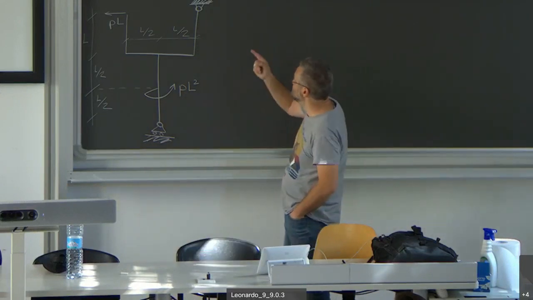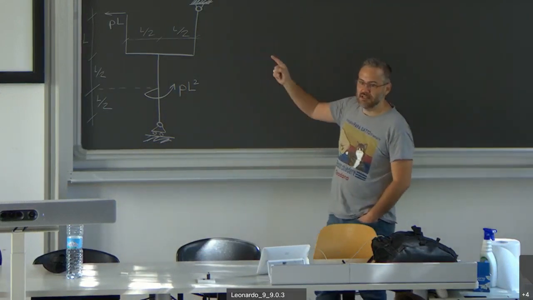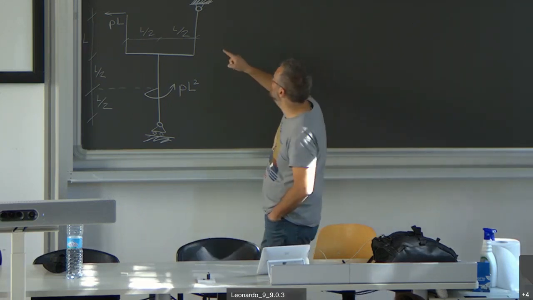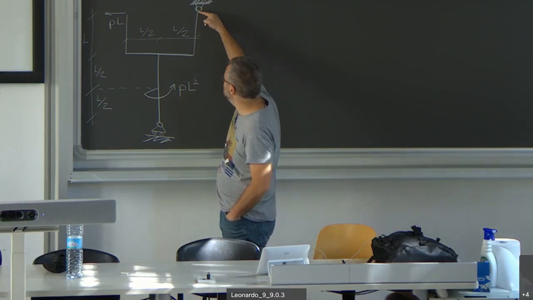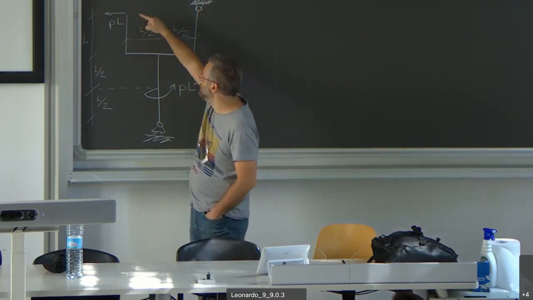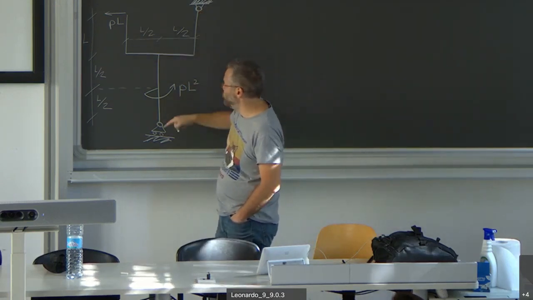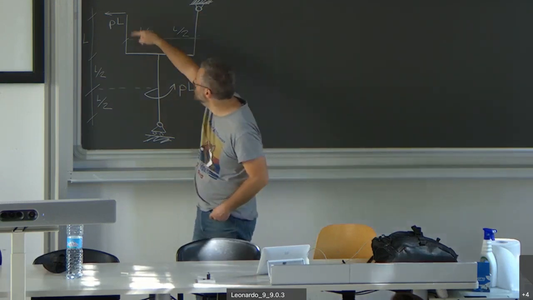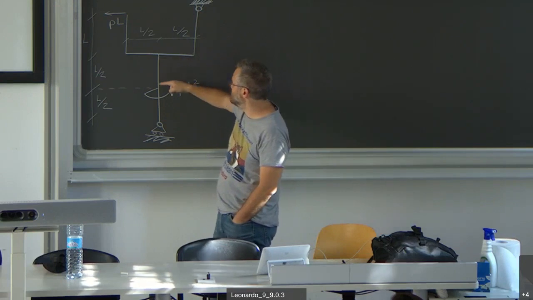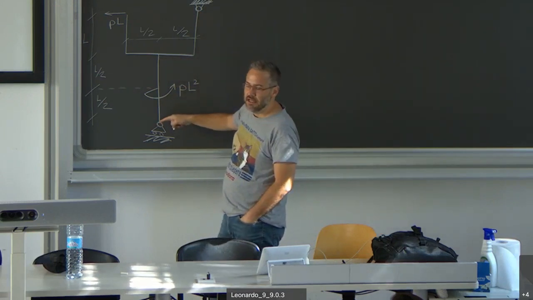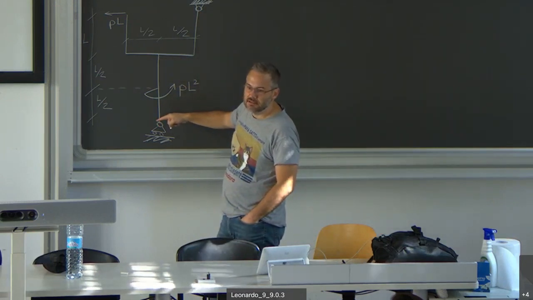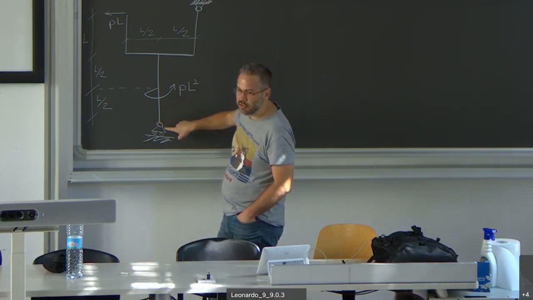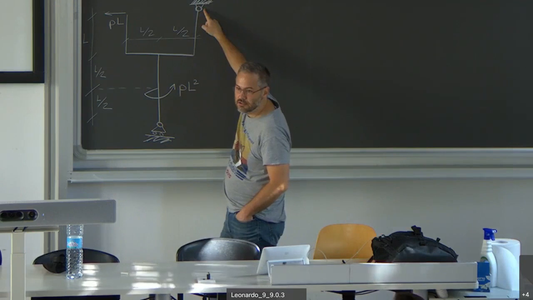Why? Because it's a statically determinate structure, and you can tell that by looking at the fact that it's basically one single beam, although with a strange shape, because it's a U, and then something connected here, and it's restrained to the ground by means of a roller and a hinge.